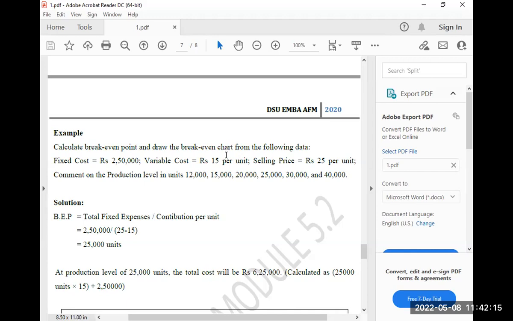First one, sales. In the particulars column, write sales. Now how much will be the amount of sales in the first one? Sales at the rate of how much? What is the selling price? 25 rupees. So 25 into 12,000 units. How much will come for this? 3 lakhs. This is sales. Write sales for all the levels.